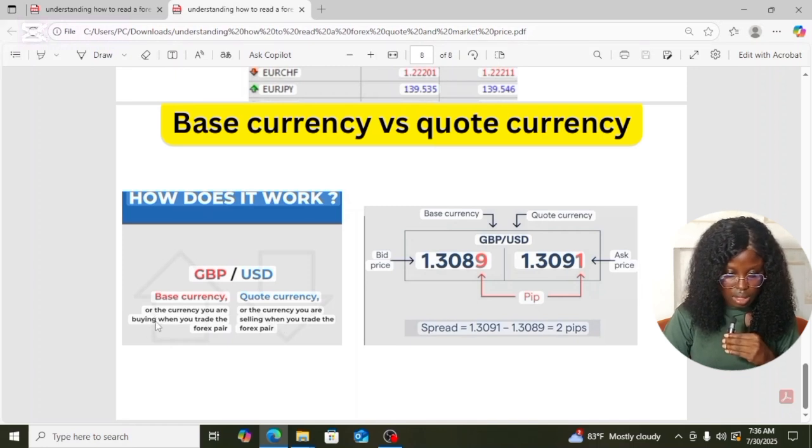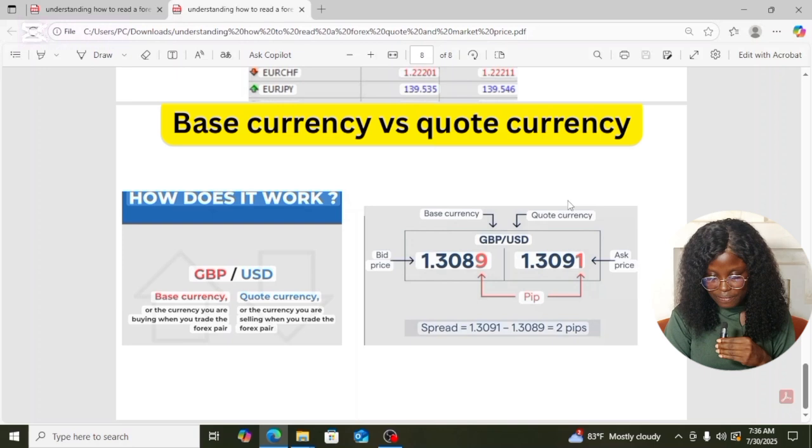Look at this one now. The base currency is the currency you are buying when you trade the forex pair. This is a currency pair: GBP USD, USD JPY, Euro USD. I've already talked about currency pairs. If you haven't watched the previous video on currency pairs, you can go and watch it. The quote currency is the currency you are selling when you trade the forex pair.